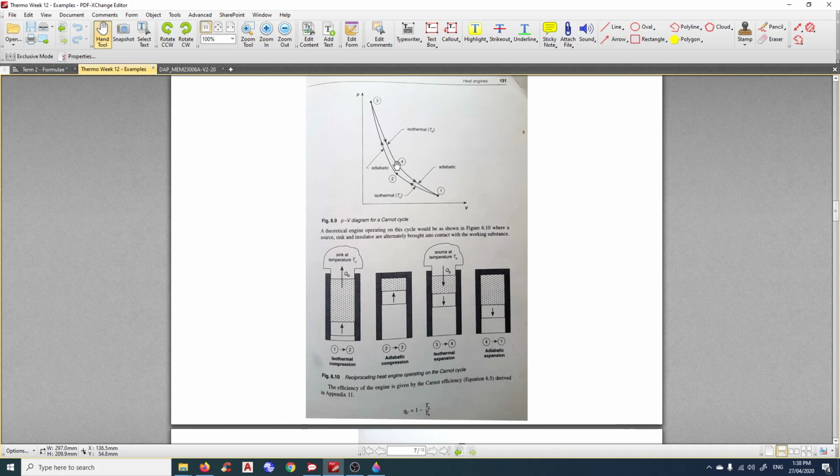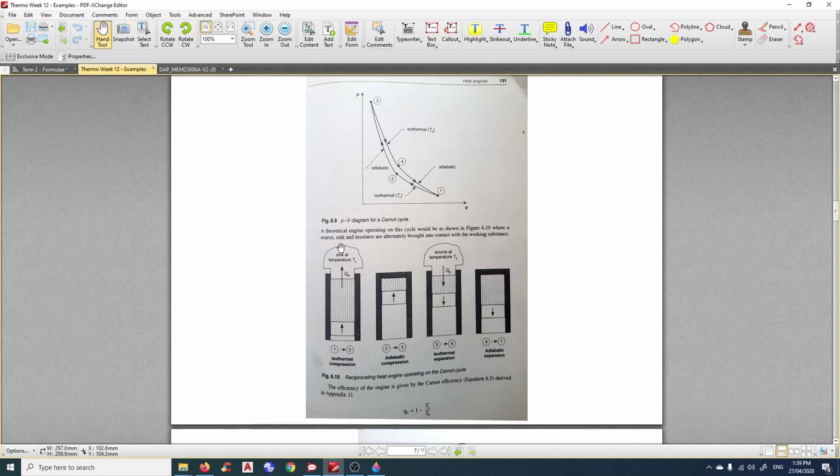From 2 to 3, the gas is further compressed, but it is compressed adiabatically, meaning there is no heat transfer or heat gain between 2 and 3. After reaching point 3, the gas is expanded again isothermally, and then further expanded by adiabatic expansion. So that is the Carnot cycle.